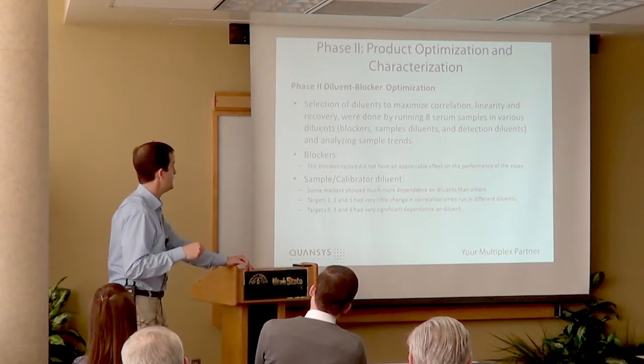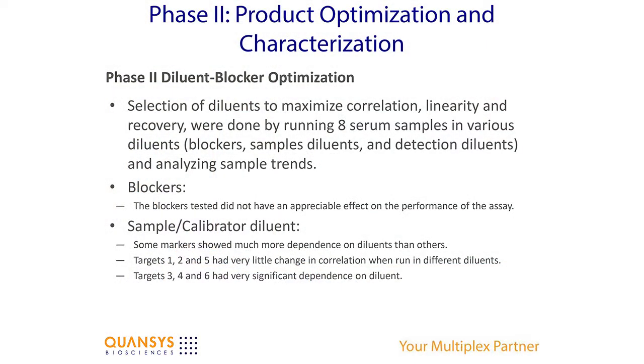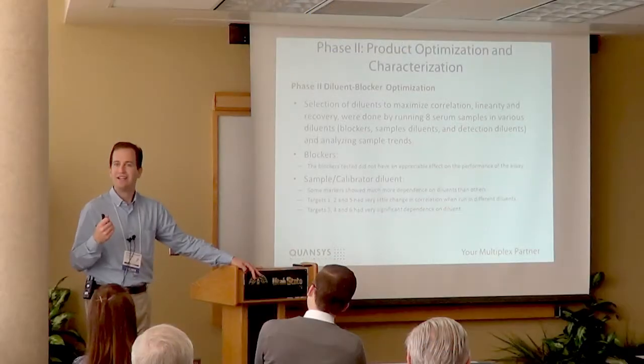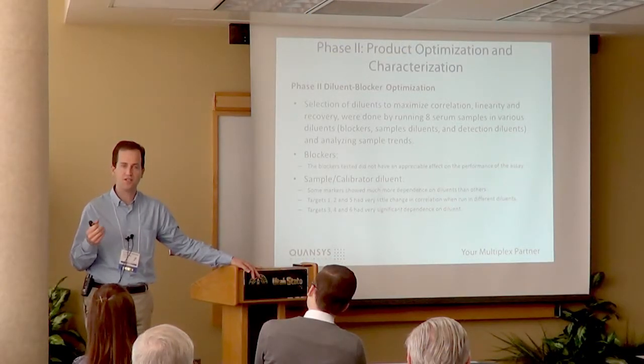So in phase 2, we had to go through and select diluents that maximize correlation, linearity, and recovery. We did that by looking at 8 serum samples, and we looked at these different formulations and different blockers. We found that blockers for this one didn't have a significant impact on those performances. As long as we were able to get the background down, it didn't have significant impact.